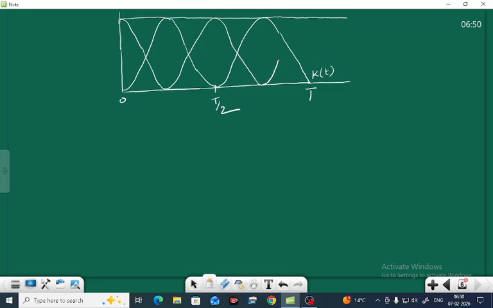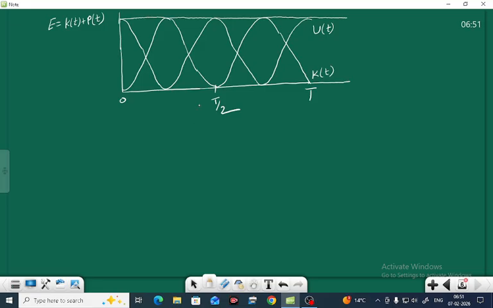This is potential energy U, and U is also dependent on time, but the total energy is independent of time, right? So here you find that E, the total energy, is equal to kinetic energy dependent on time plus potential energy dependent on time, but the total energy is independent of time.